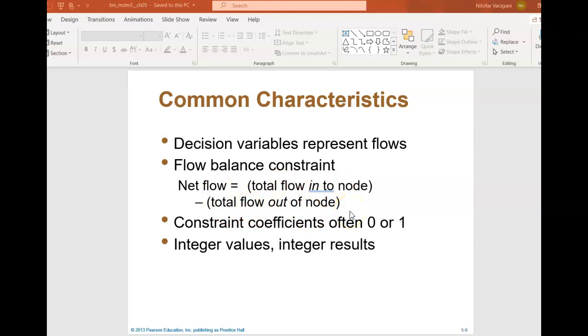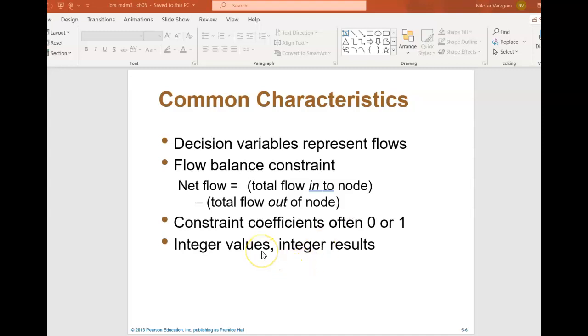Over here, make sure that you identify your nodes as either supply node, demand node, or transshipment node, because that is going to help you identify what the correct right-hand side value for your constraint equation is going to be. We also established the fact earlier in our face-to-face class that the constraint coefficients for these network flow balance equations are either going to be 0 or 1, unlike previous examples that we've done before.